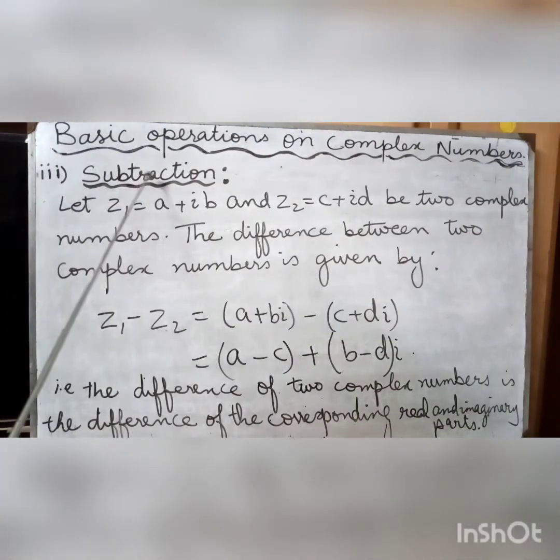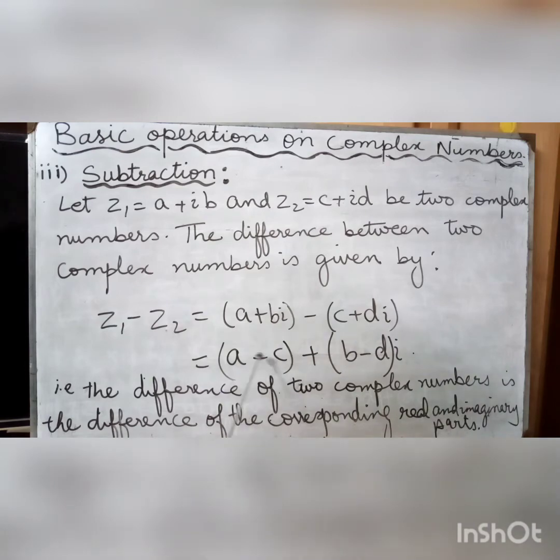Third operation is subtraction on complex numbers. Let z1 = a + ib and z2 = c + id be two complex numbers. The difference between two complex numbers is given by z1 - z2 = (a + ib) - (c + id).